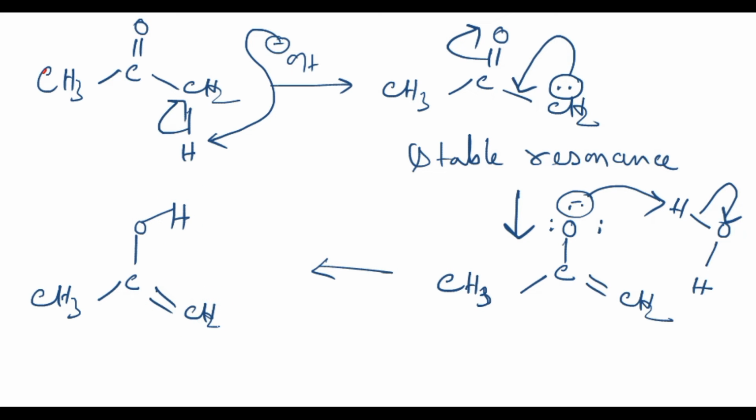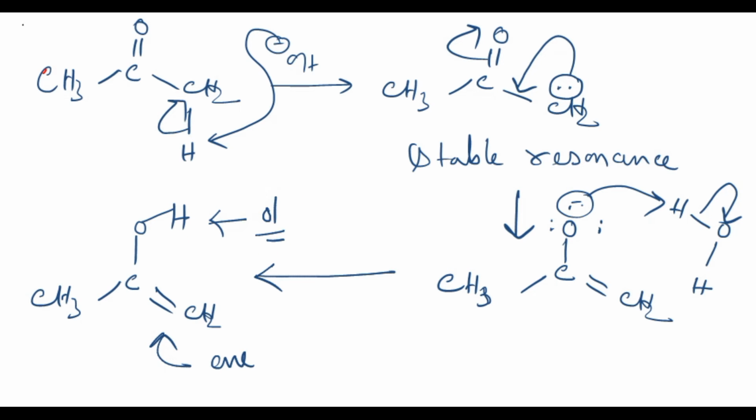This lone pair abstracts the H plus ion, thus it gets converted to the enol form, that is the C=C double bond and OH.